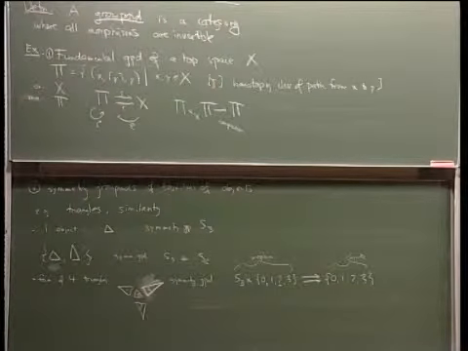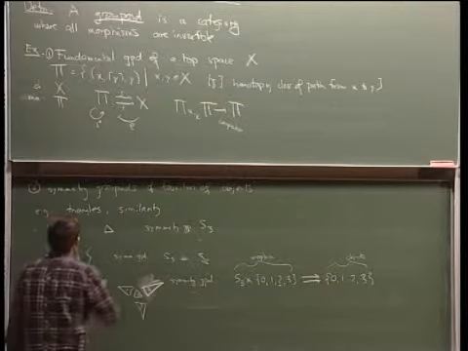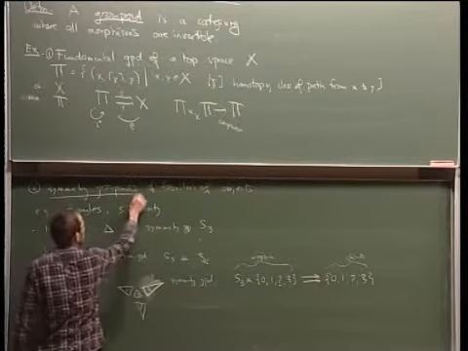So what is actually the symmetry groupoid of a family of objects?